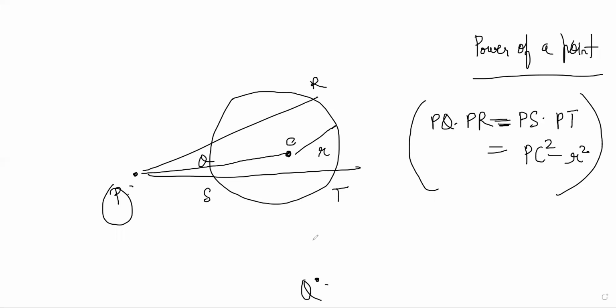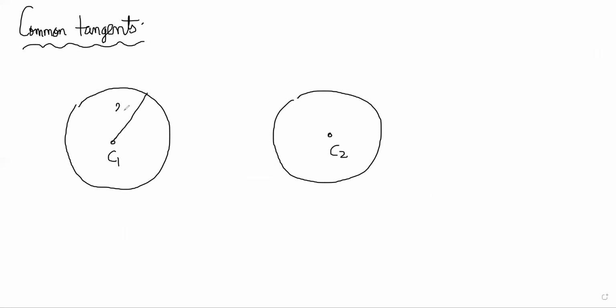Then the next thing I want to discuss is common tangents to two circles, because sometimes at lower levels this is the kind of question you might see. You have one circle like this and one more circle like this, and let's say the centers are C1 and C2 and the radii are R1 and R2.